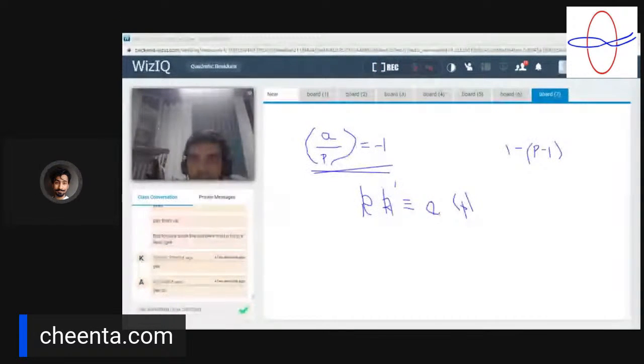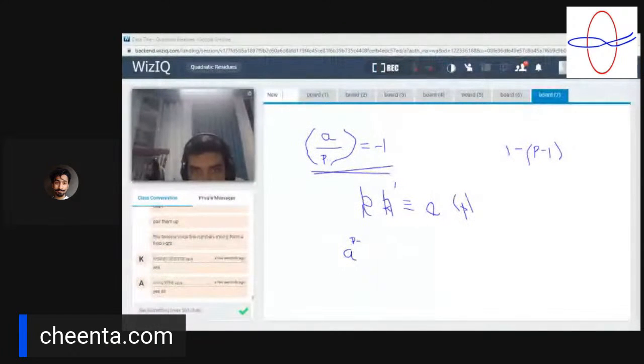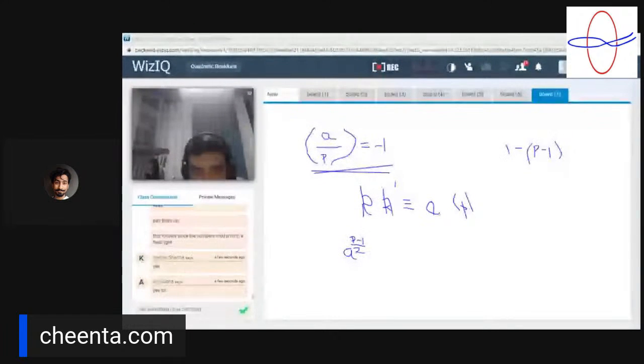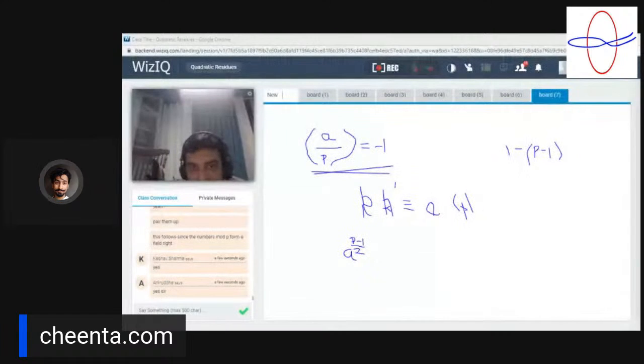So now we have a raised to (p minus 1)/2, and each a here can be divided into one pair.